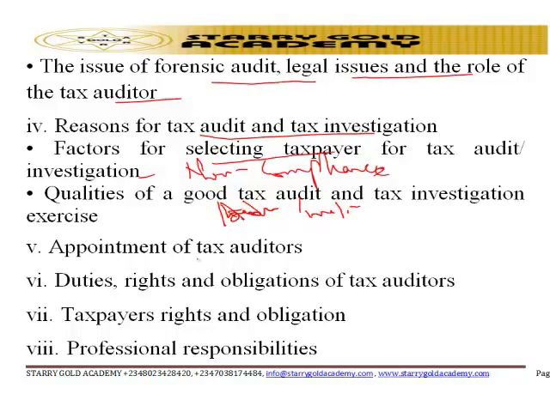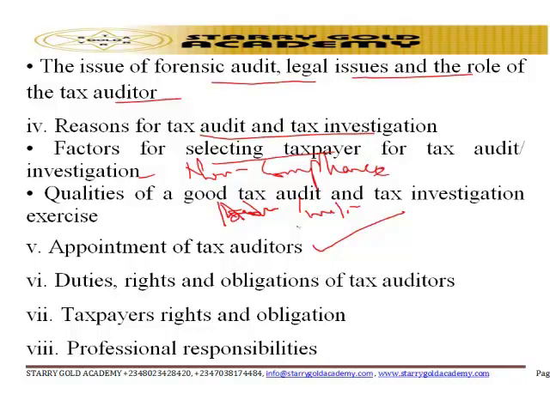Now we'll also be looking at the appointment of a tax auditor. Who appoints a tax auditor, and how is a tax auditor appointed? Then we'll be taking duties, rights, and obligations of the tax auditors, and the taxpayers' rights and obligations.